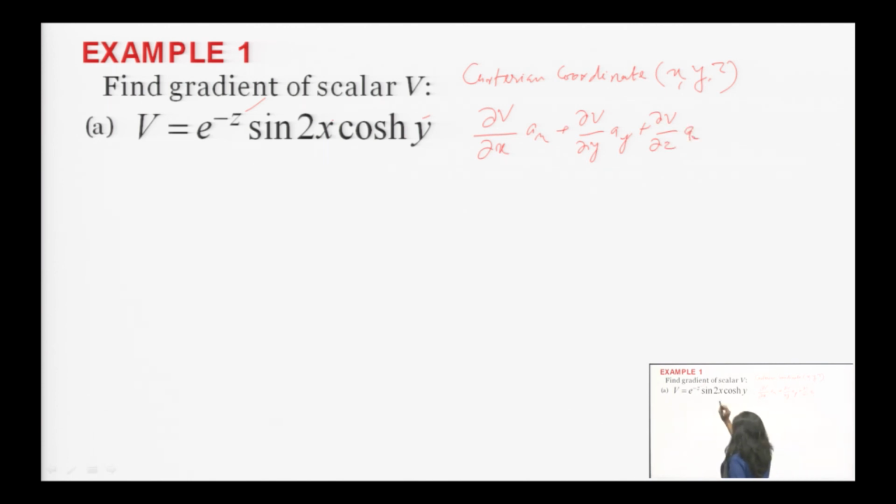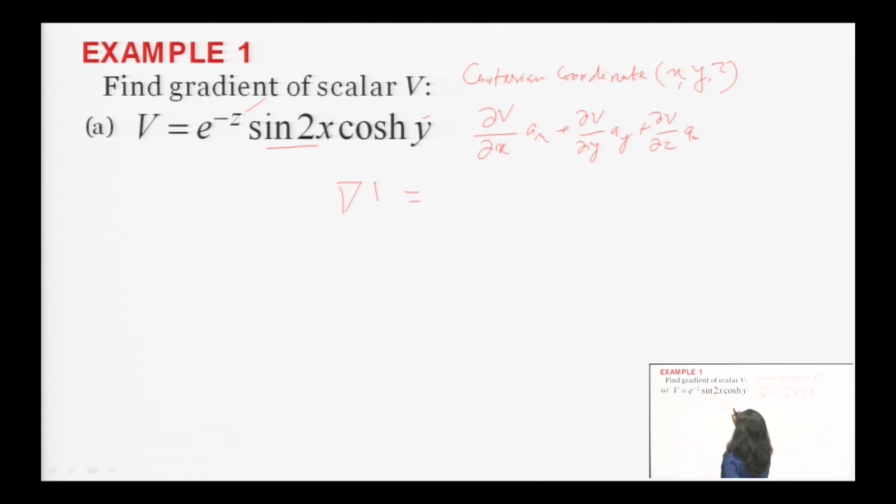Now we need to take the differentiation of V with respect to x. All other parameters except x will act as constant quantities. This term has x, so apart from this term, e to the power minus z and cosh y both will act as constants.